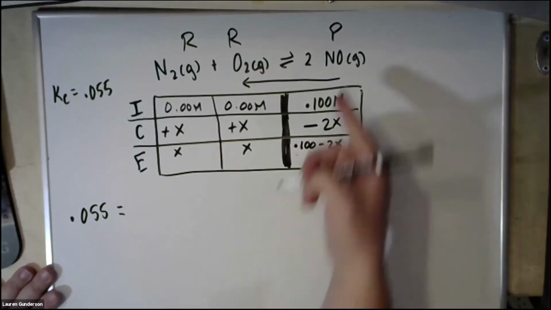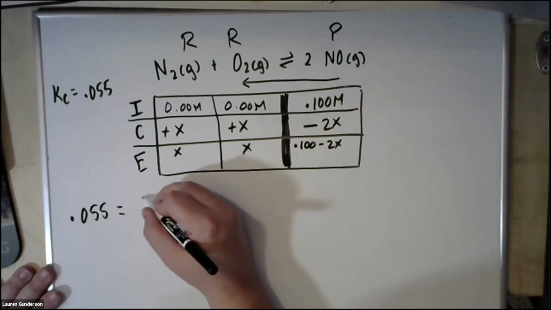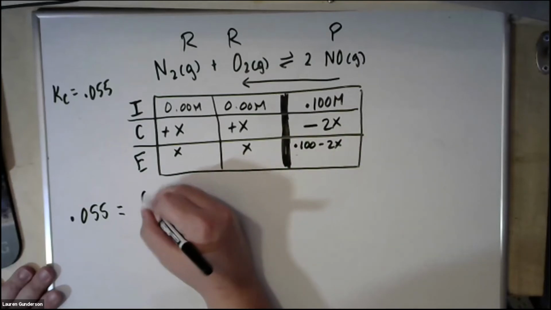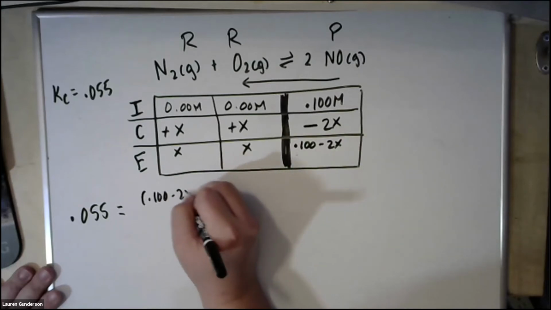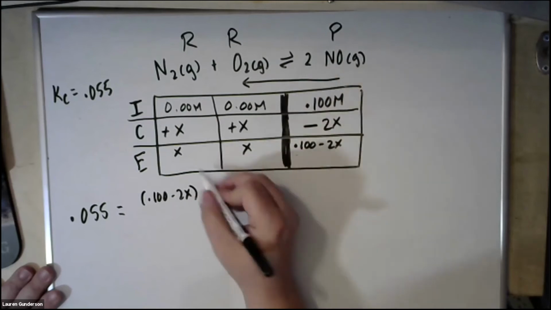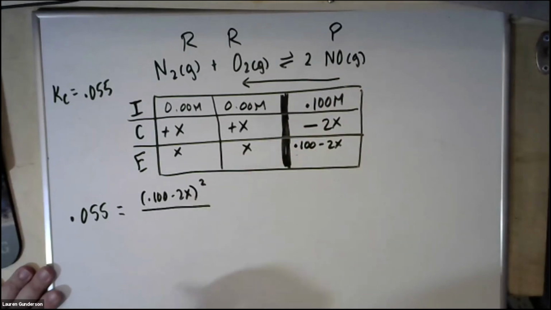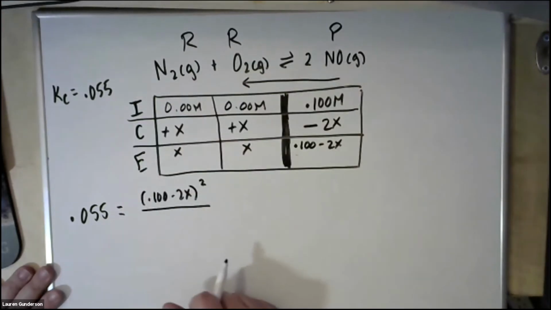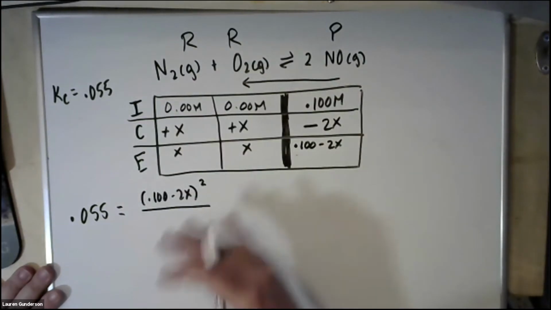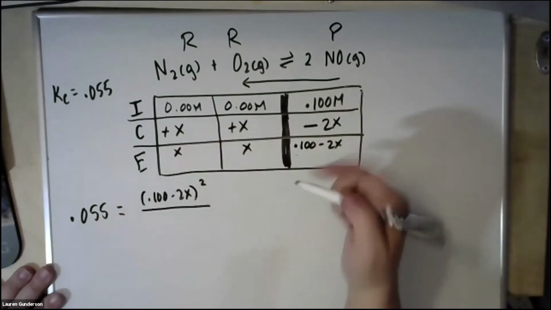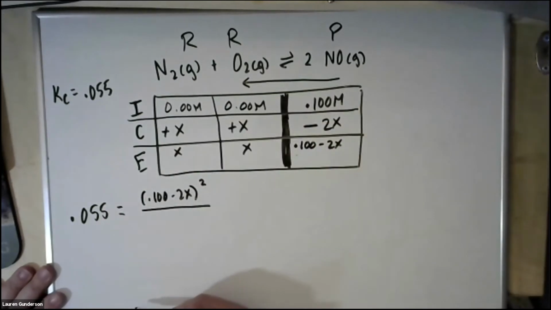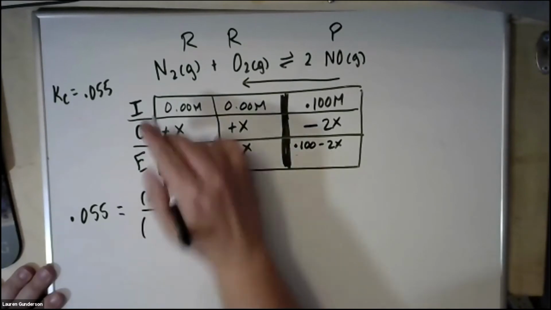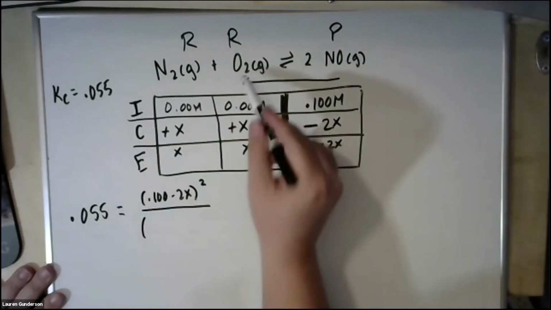So we'll set this up as 0.100 minus 2x squared. That's our products. I guess we can call it the products in the written reaction, even though in this reaction mixture, the reaction is moving in the other direction. But as the reaction is written, this is our product and these are our reactants.